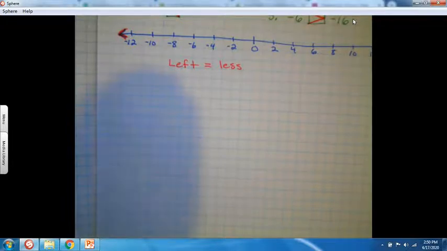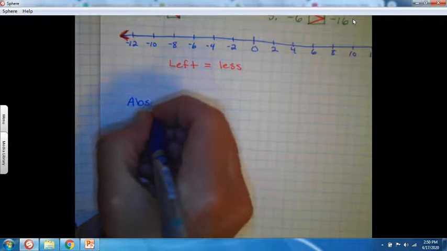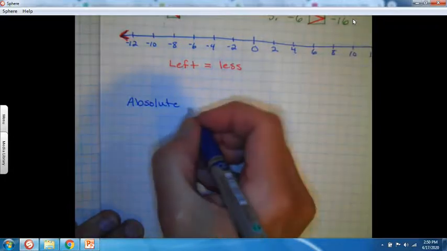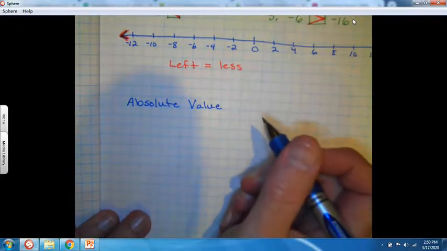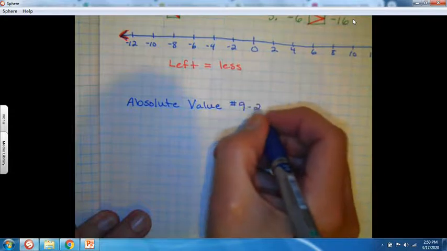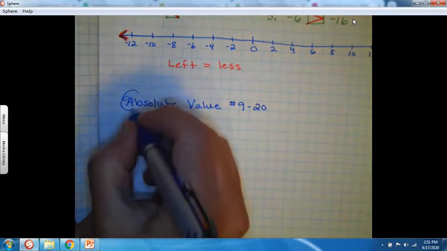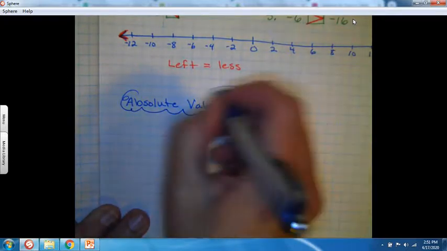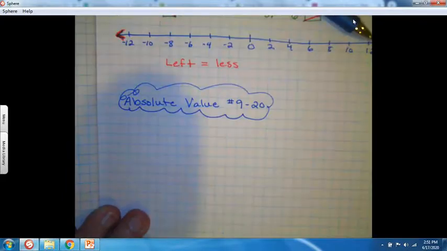Down here at the bottom of the worksheet is now absolute value, and that's problem number 9 through 20. Now I'm going to do some of these, and then you're going to be responsible for the rest of them.